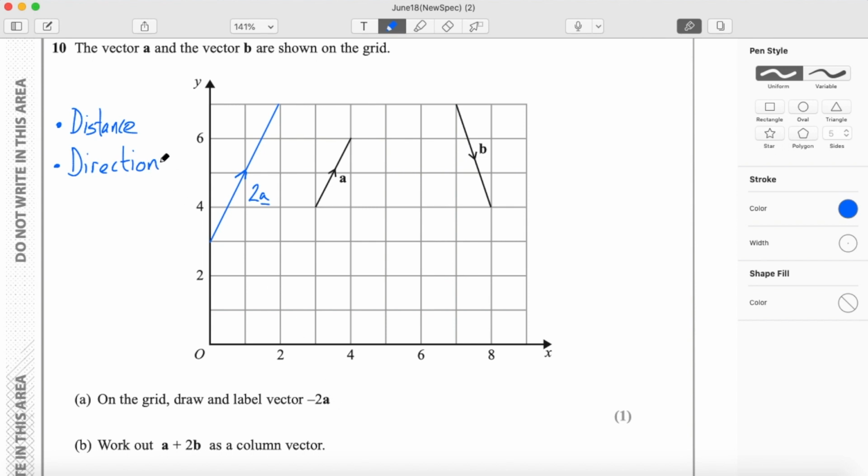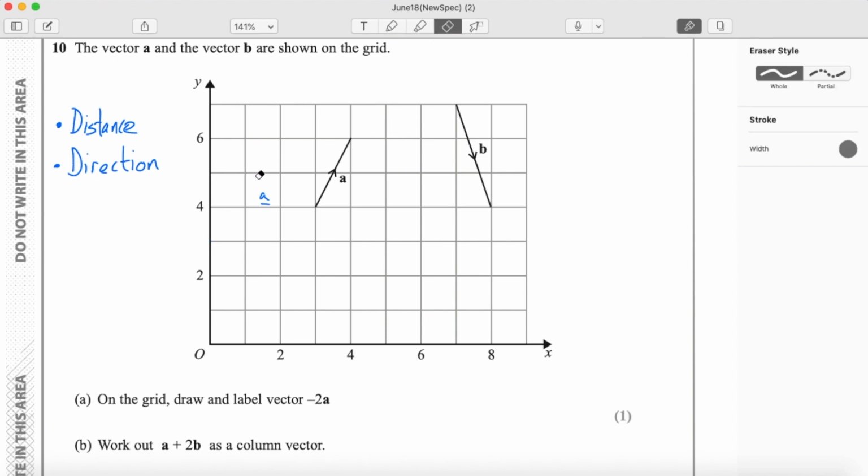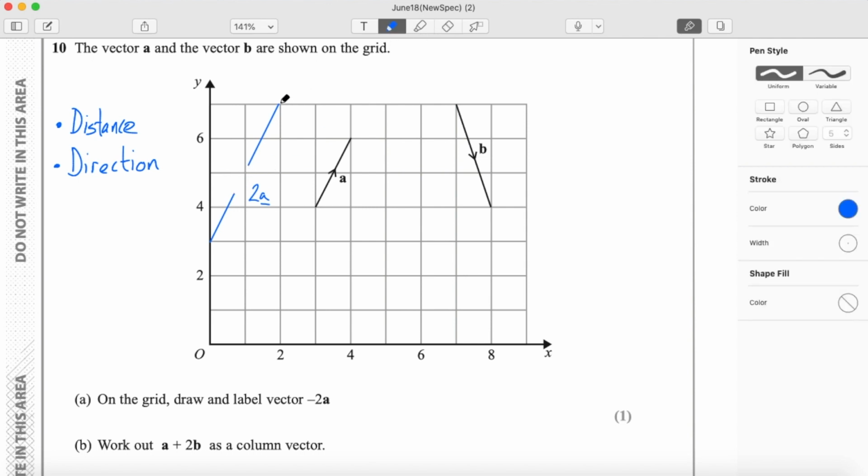So this implies this part of a vector, direction. So actually, what I can do here is change the direction of the vector to give -2A.